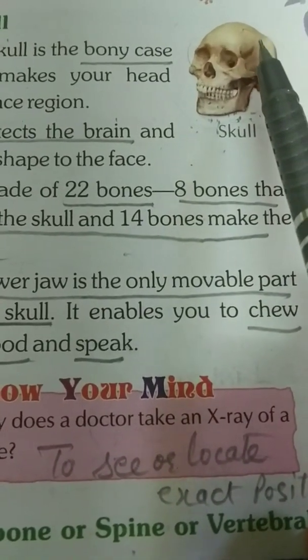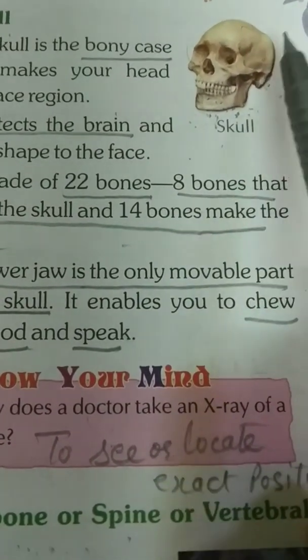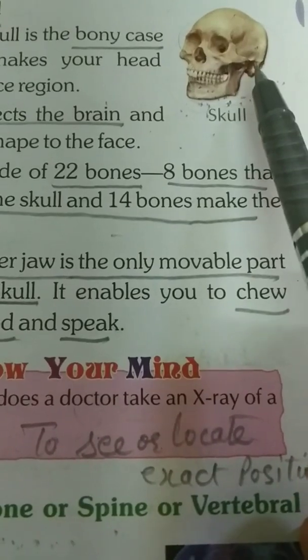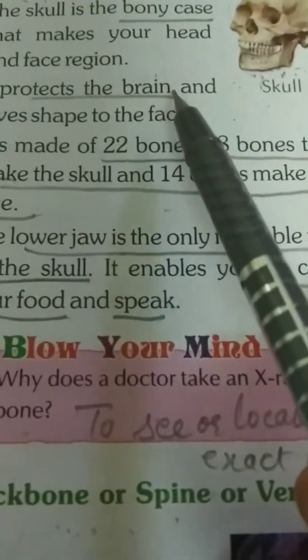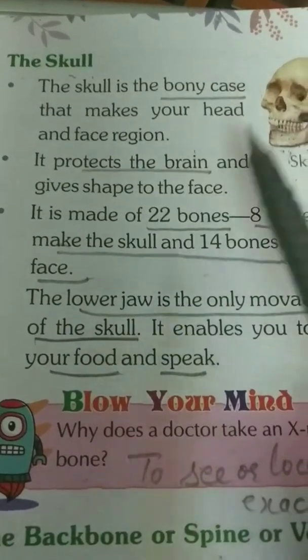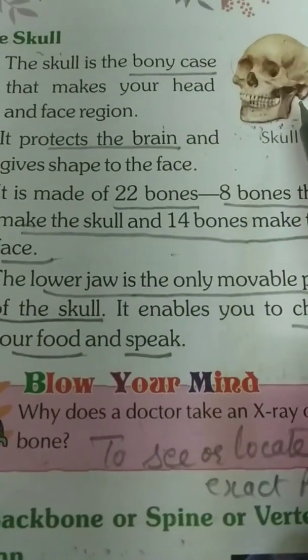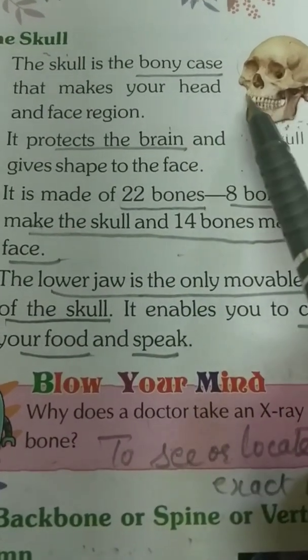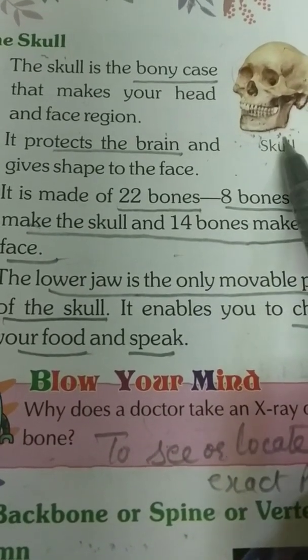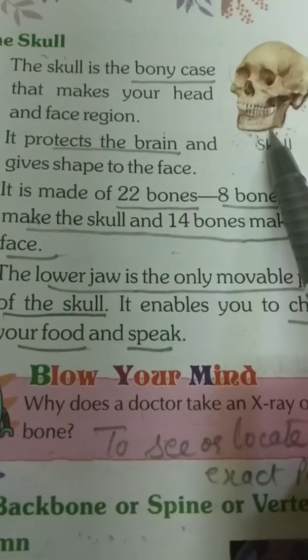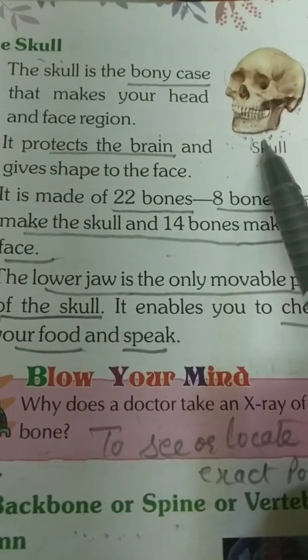The skull is a bony cage which protects the soft or delicate part of the nervous system, that is the brain. Another point we discussed, the lower jaw is the only movable part of the skull.